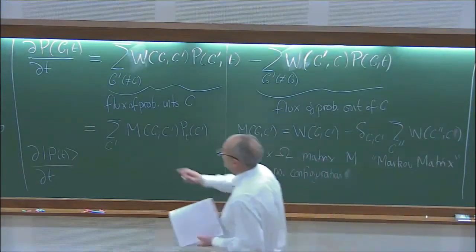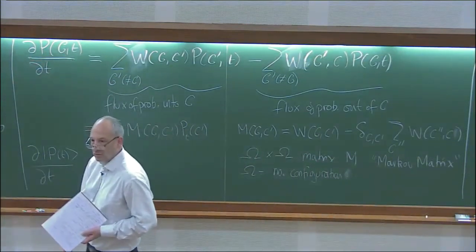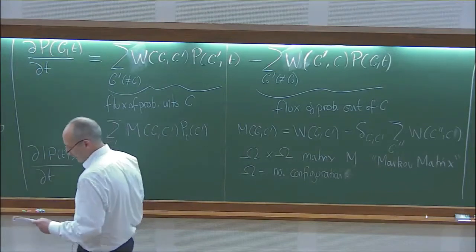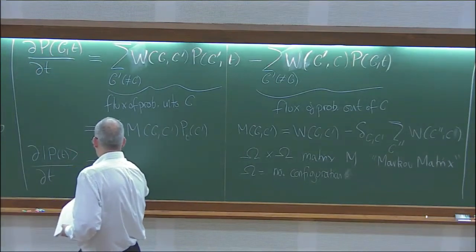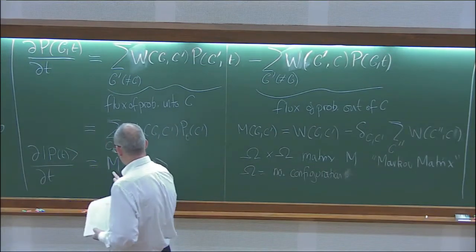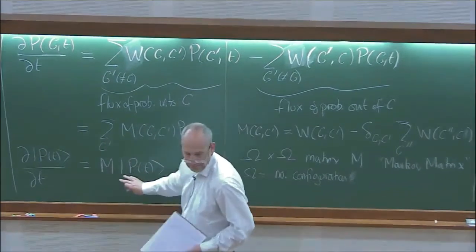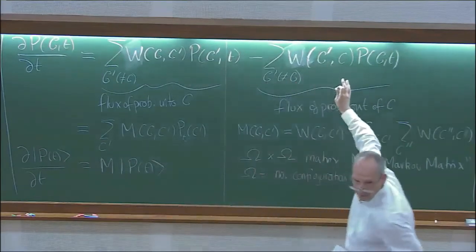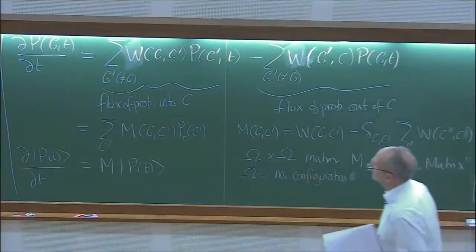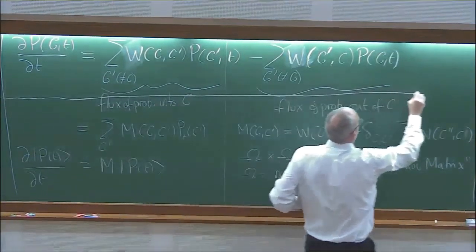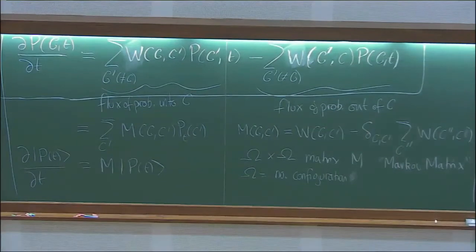So I'm just putting all my probabilities in a column vector and denoting it by a Ket. And then I can just say that this is M times P of t. Because it's Markov, M doesn't depend on time. So this is a neat way of writing the master equation. Okay, so that's the one that you should be able to remember and write down. And that's what eventually we'll need to solve.